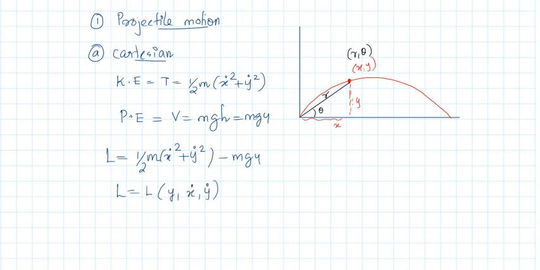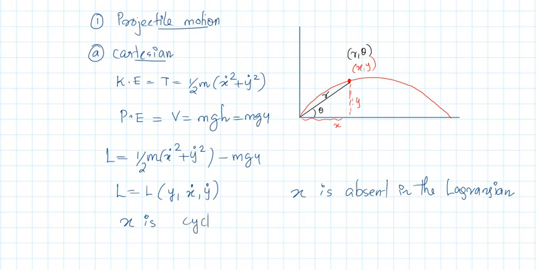There is no x, so x is absent in the Lagrangian. So in this particular example, x is the cyclic coordinate.